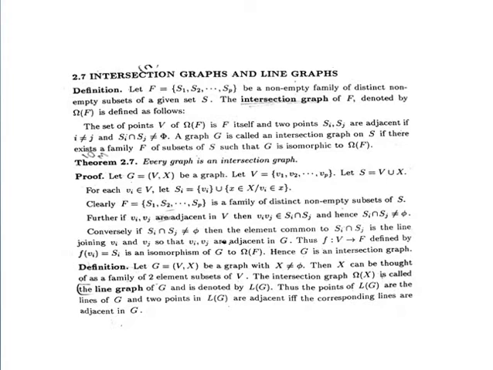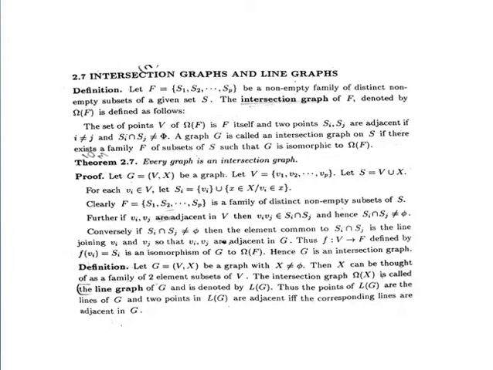The set of points V of omega of F is F itself, and two points Si, Sj are adjacent if and only if i is not equal to j and Si intersection Sj is not equal to the null set. A graph G is called an intersection graph on S if there exists a family F of subsets of S such that G is isomorphic to omega of F.